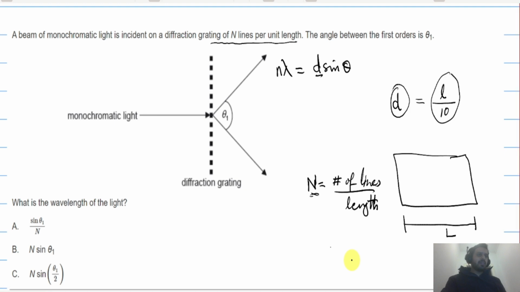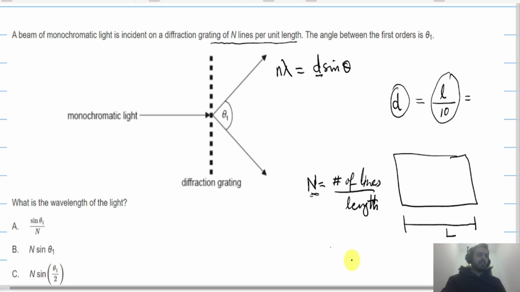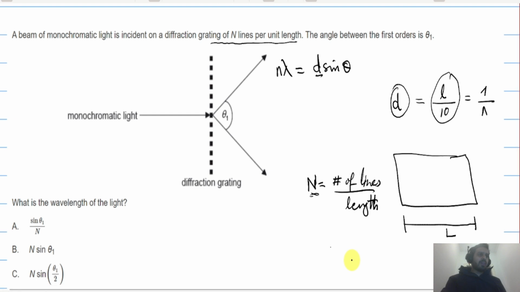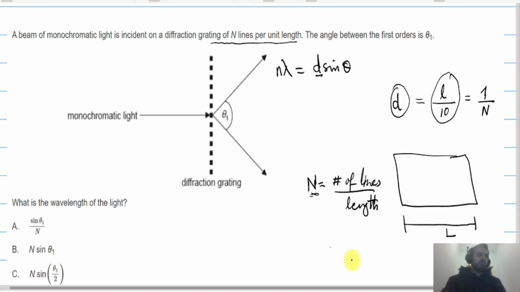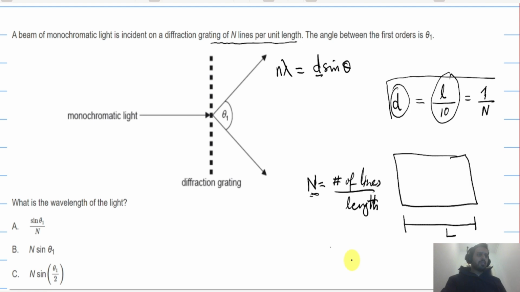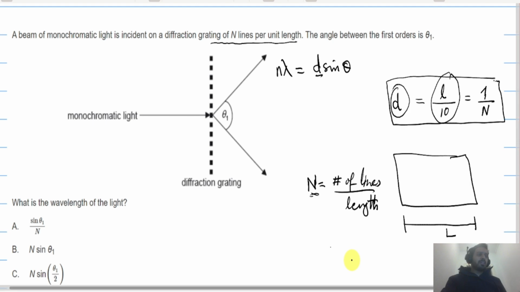So this thing is actually the opposite of n, which means it is 1 over n, right? Here we have number of lines per unit length, but in order to get d, we should have length divided by total number of lines, which is the inverse of n. So you should remember this relation that d is always the inverse of number density.